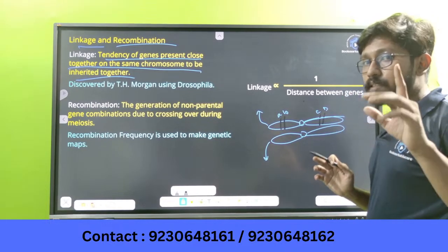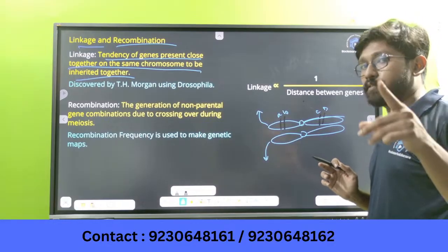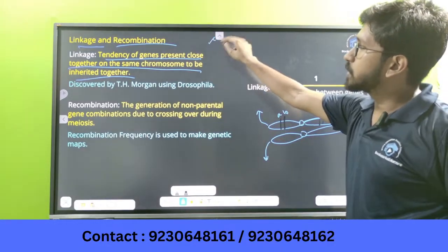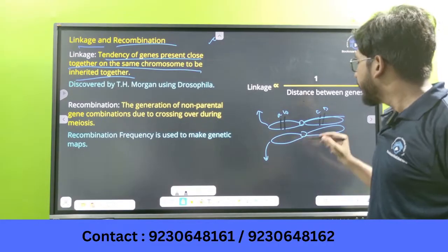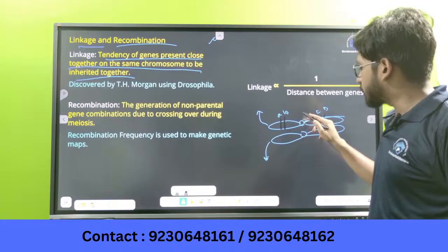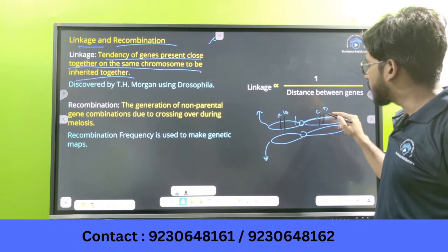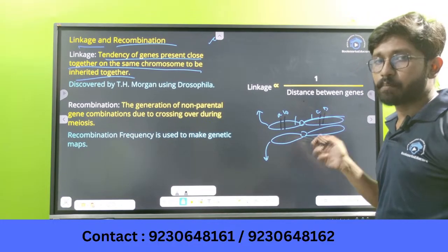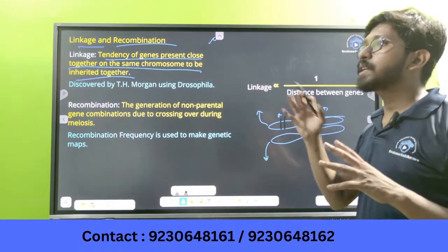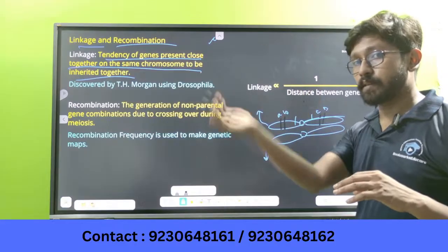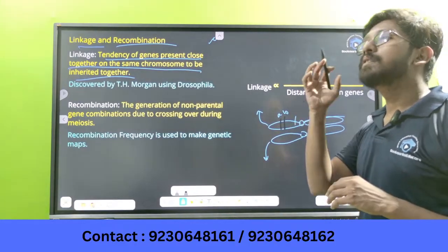In case of cell division, meiosis, anaphase 1, all these concepts are based on cell division, anaphase, and mostly meiosis. In some cases, you will see later these are not getting inherited together, but that is not a characteristic of the cell cycle. Those are happening because of some exceptional situation, some disease.